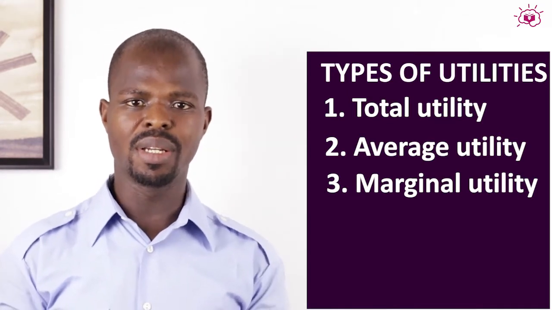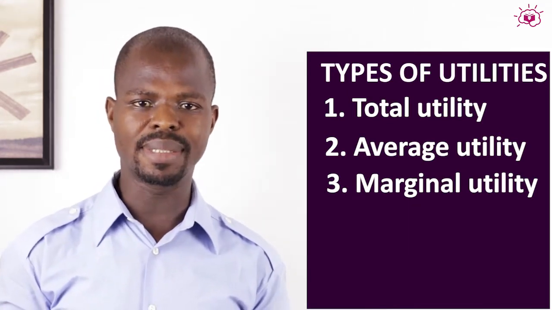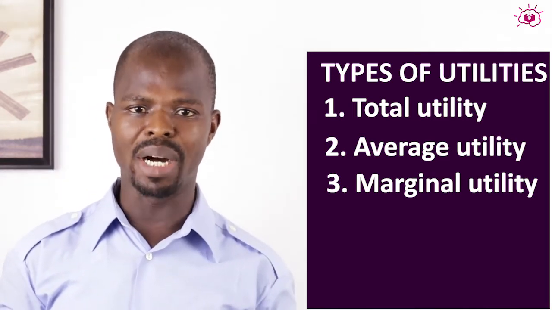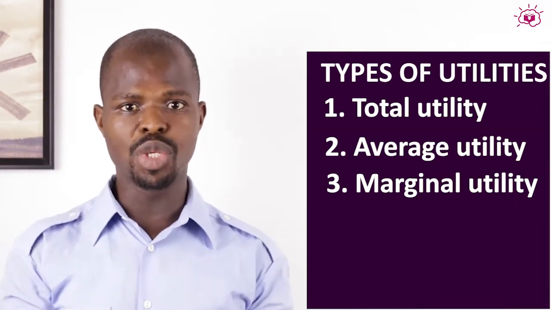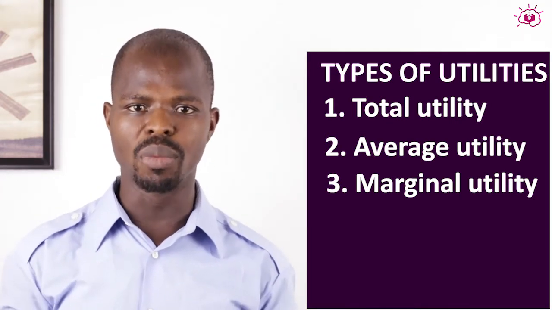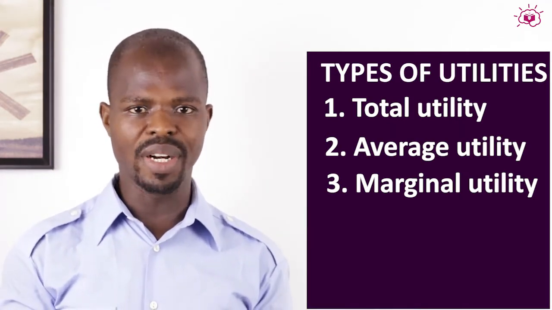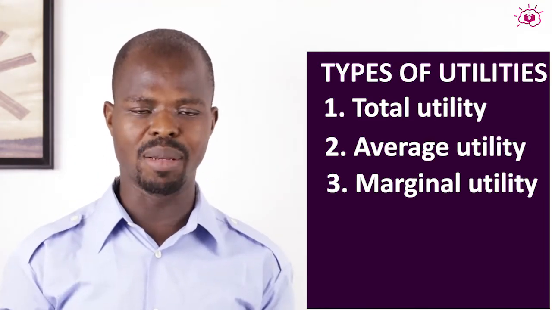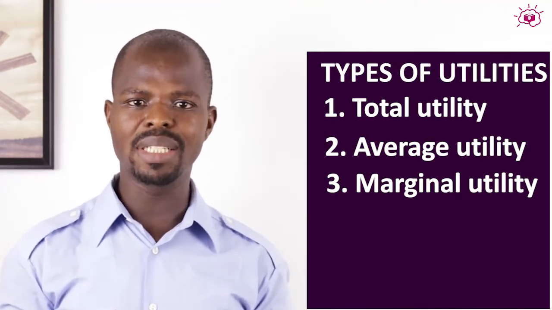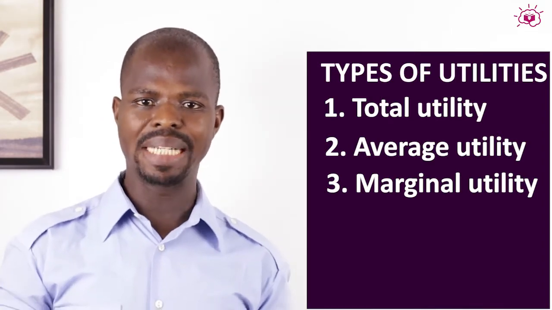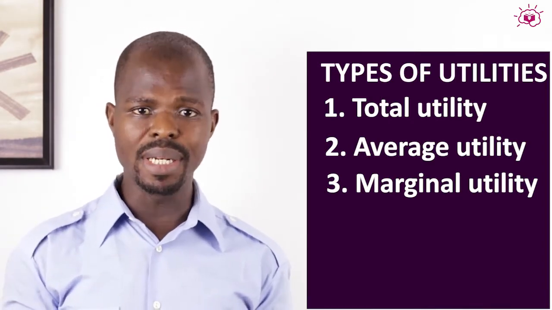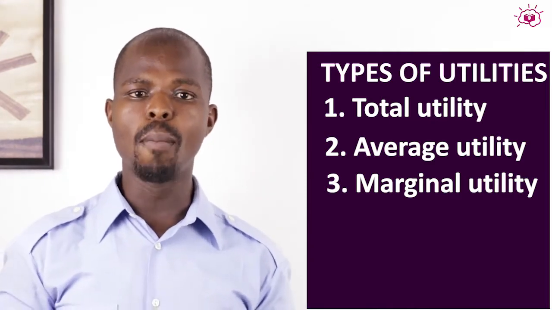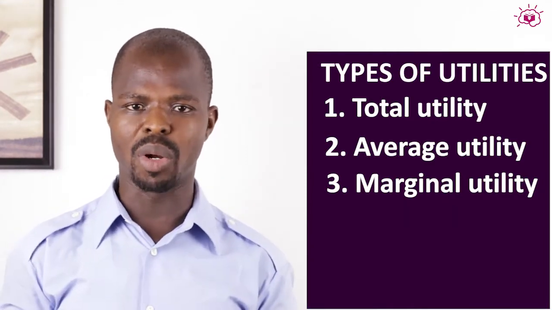That's total utility. Now, average utility is simply dividing the total utility by the units of a commodity consumed. So it is very simple. Just divide the total utility by the number of items consumed, while marginal utility is the additional utility or satisfaction you derive when you consume more of a particular product.